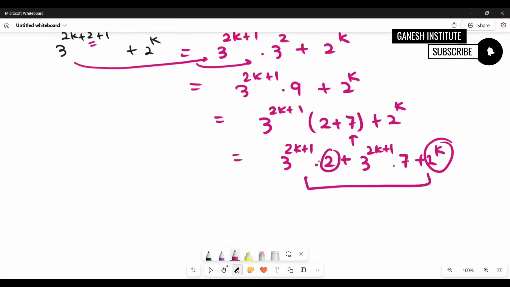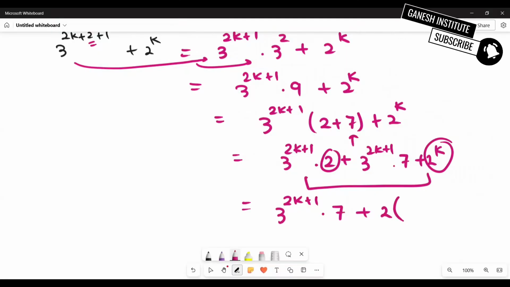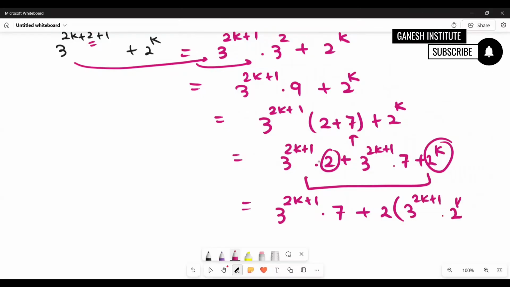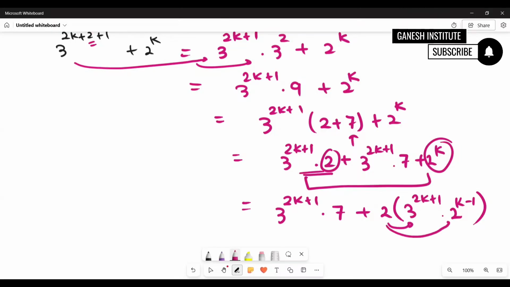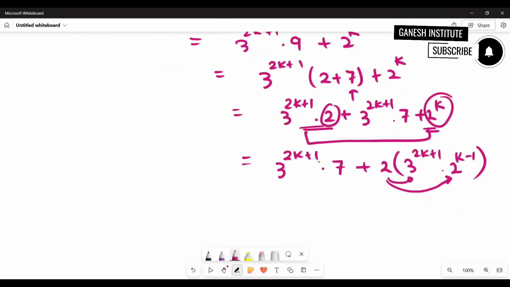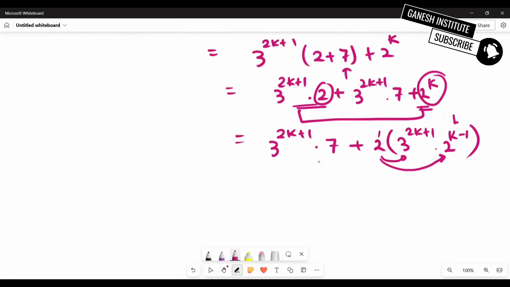Just keep the power k plus 1 minus 1, and keep the minus 1, and just put the 2 in brackets. Let's try that: 3 raised to the power 2k plus 1 into 7. Here I'm taking 2 common, so what is left? 3 raised to the power 2k plus 1 plus 2 raised to the power k minus 1, right? Because if you distribute this, you get this, and if you distribute this one, you get this, right? Base same, powers added: 2 raised to the power 1 plus k minus 1 will be 2 raised to the power k only, right?